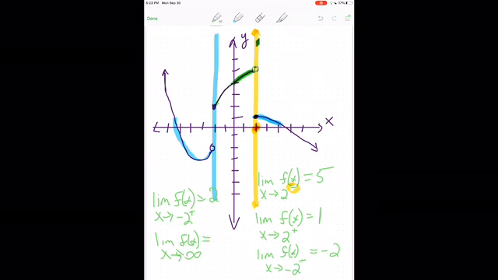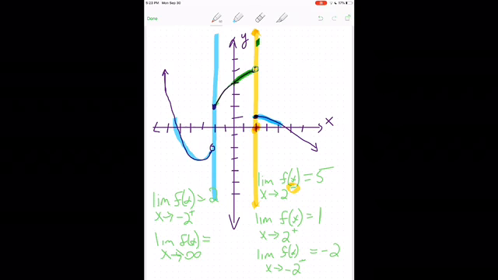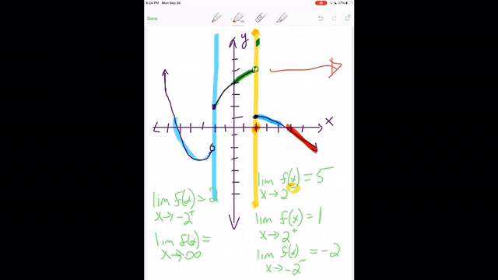Limit of f of x as x approaches infinity. Okay, this one's a little bit different, right? As x approaches infinity, well, let's take a look. Infinity is all the way over to the right, right? That would be x equals infinity all the way over there. We're concerned with, well, where would my y value be? Well, if we look at this arrow, as we go to the right, my arrow is pointed down, so I'm going towards negative infinity. Okay, so as my x value approaches positive infinity, my y value approaches negative infinity.